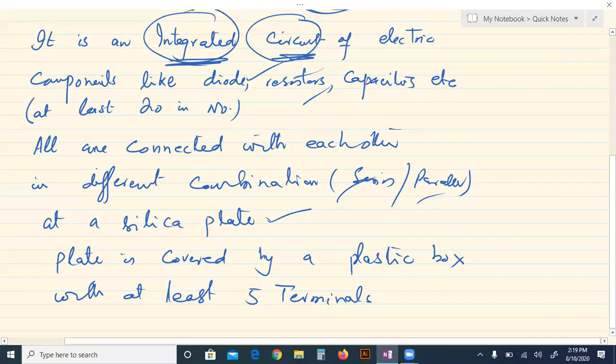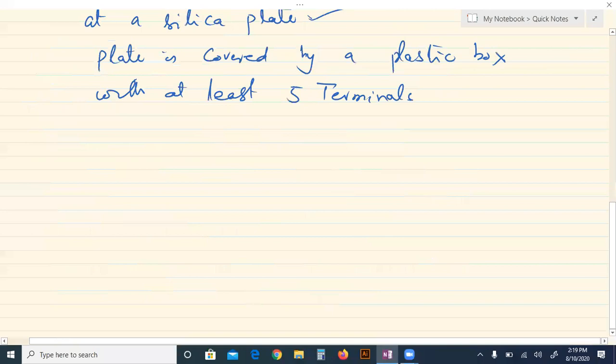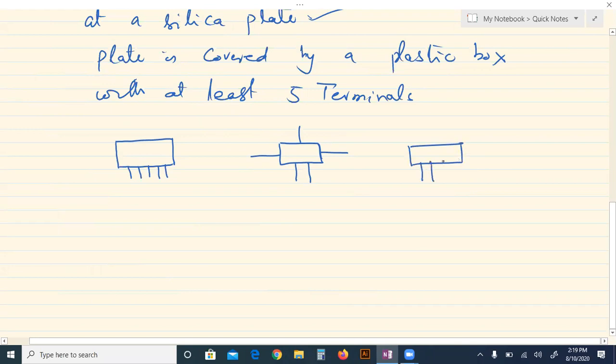Okay, now this operational amplifier looks like a box with 5 terminals, 1, 2, 3, 4, 5, sometimes like this, any shape.